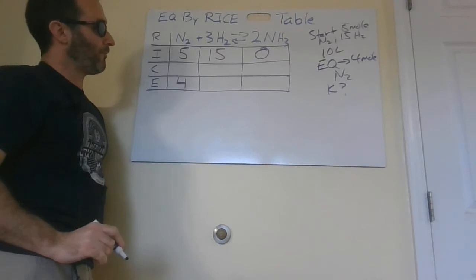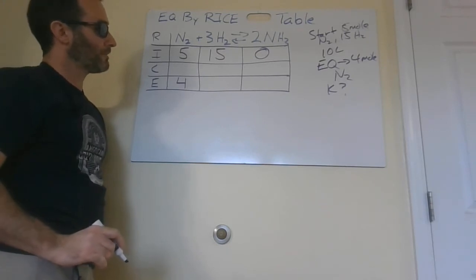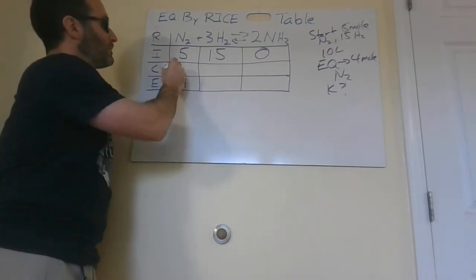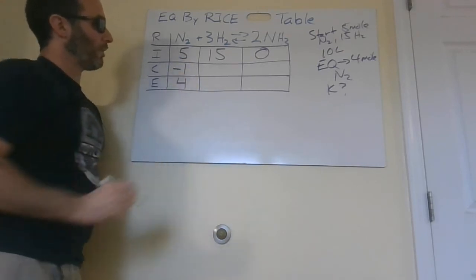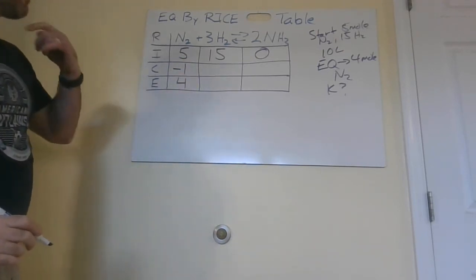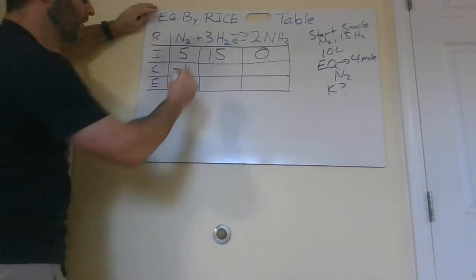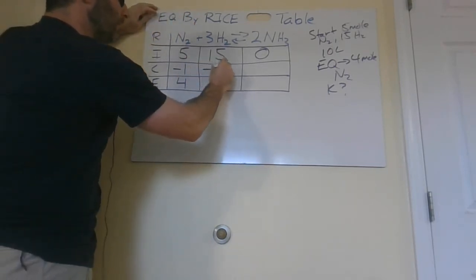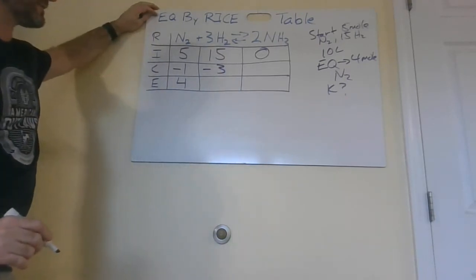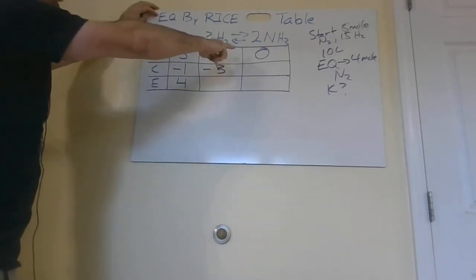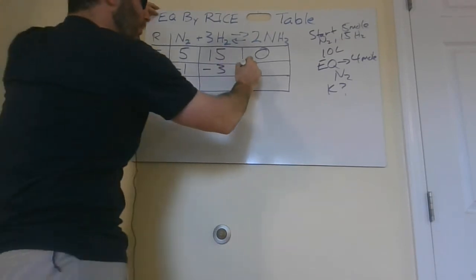Oh, well, you can start figuring this out. That means you lost 1 mole of nitrogen. From a balanced chemical equation, it's 1 to 3, so that means you had to lose 3 moles of hydrogen gas. That means you had to make 2 moles of ammonia.